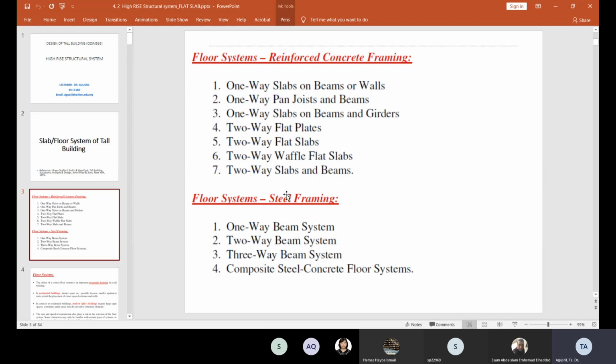And then for the steel framing, normally they have the composite steel concrete floor system. Actually, the reason they produce composite is to reduce the thickness of the slab. Once you reduce the thickness of the slab, you can optimize the building in terms of the number of floors.